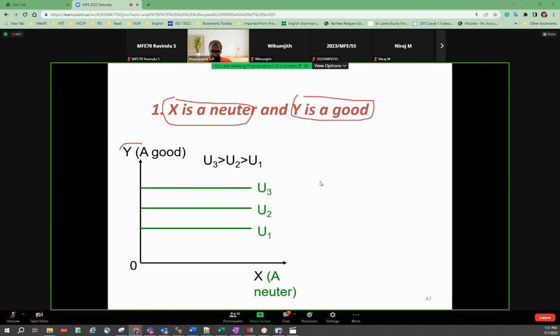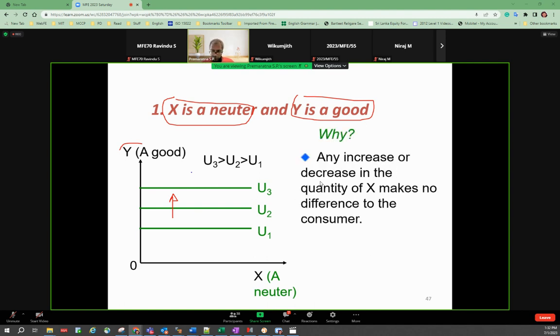So the indifference curve is like that because people like to consume more of the good, and the other one is kept neutral. So the indifference curve moves in this upward direction. Why? Any increase in the quantity of X makes no difference to the consumer, because X is neutral, with no appeal. But if you compare these two, the indifference curve moving in this direction is more preferred.